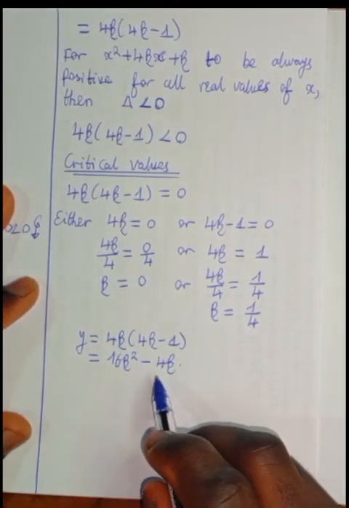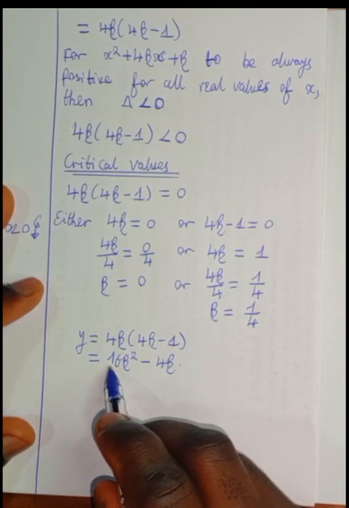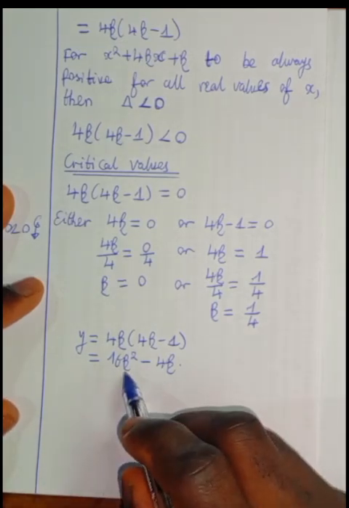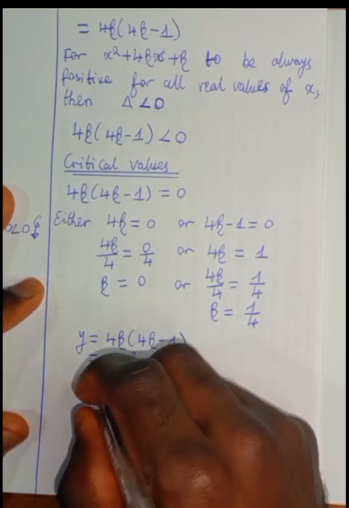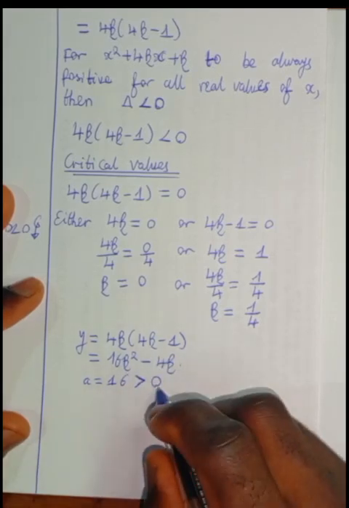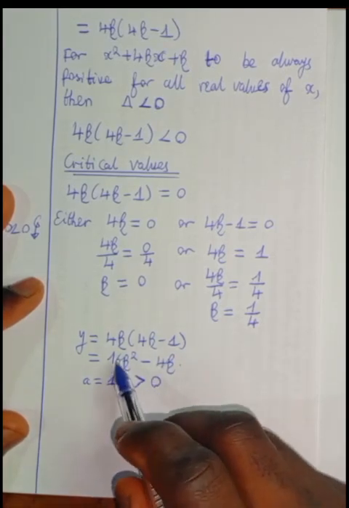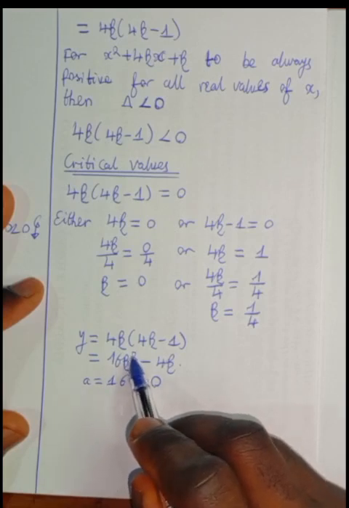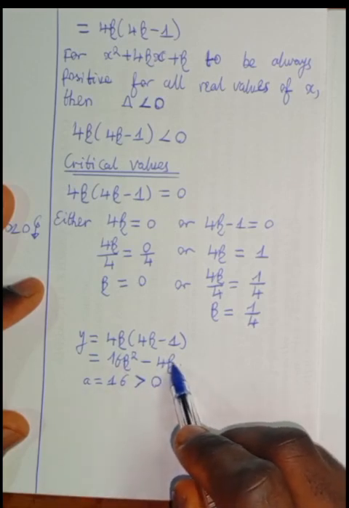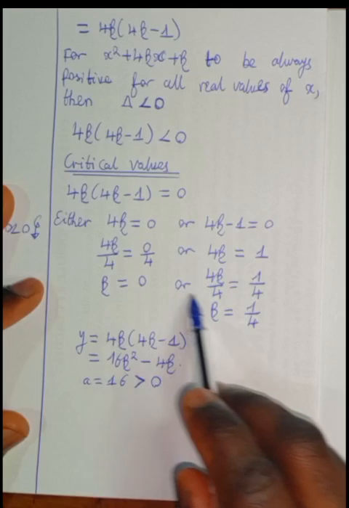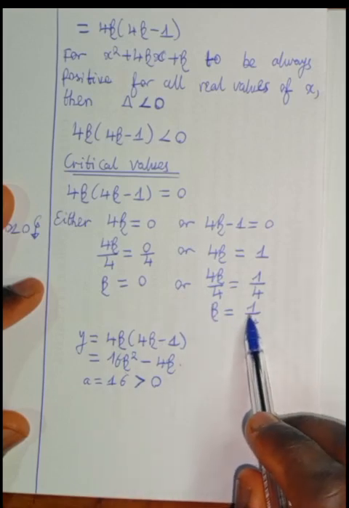So if you consider this to be our quadratic function, you see that in this case our a is 16, the coefficient of beta squared. A is equal to 16, which is greater than 0. And when it is greater than 0, it simply means the graph of this our quadratic function y equal to 16 beta squared minus 4 beta is a valley parabola. And it has roots beta equal to 0, beta equal to 1/4.